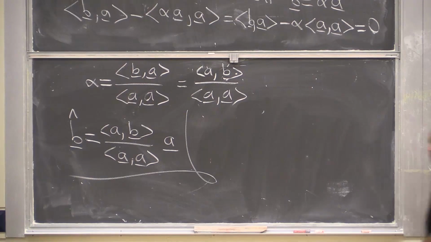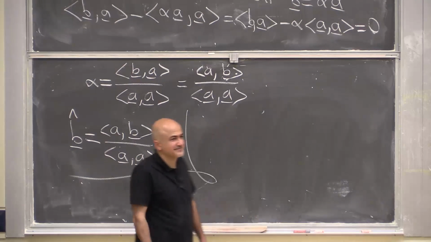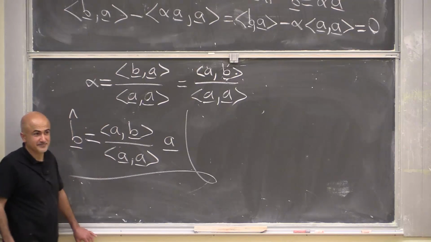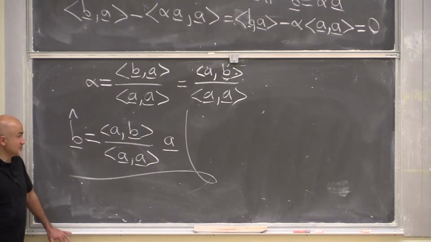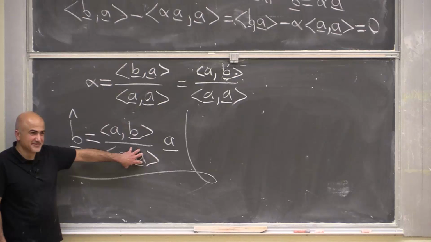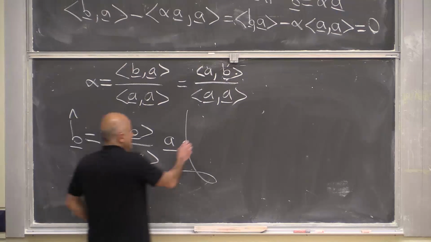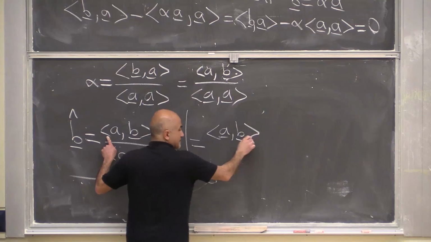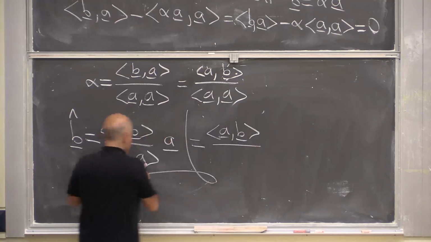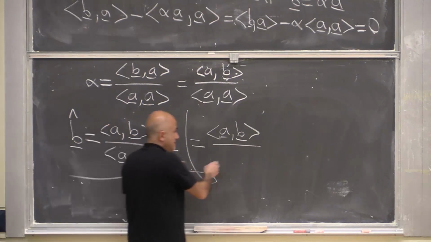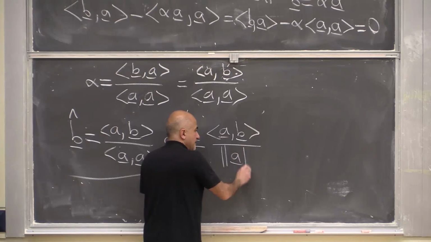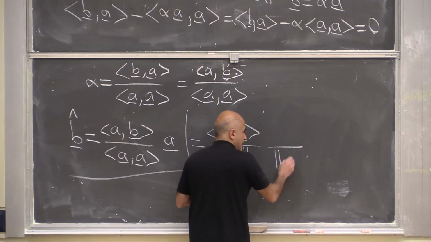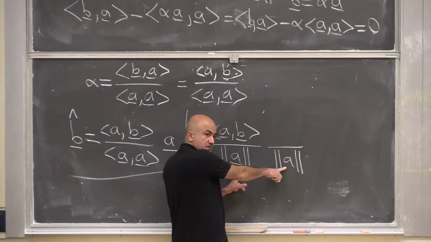I didn't specify what the length of A was, which is why this is showing up in the denominator. Because if you want to think about it this way, this is A, B, and I can write A inner product A as the magnitude squared of A. Isn't the product of these two just A dot A?